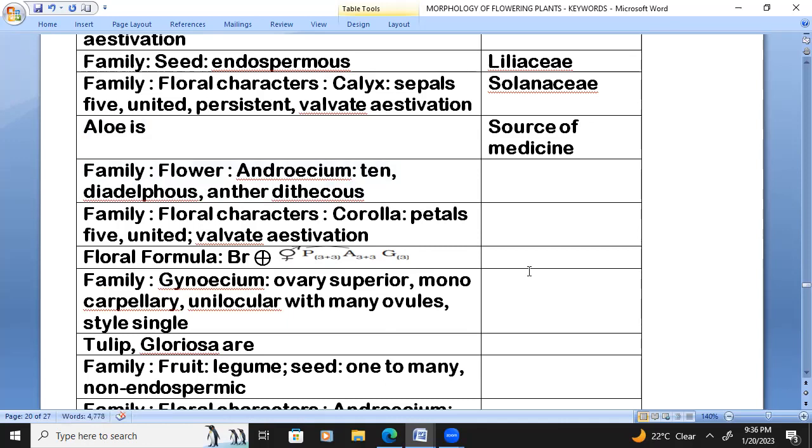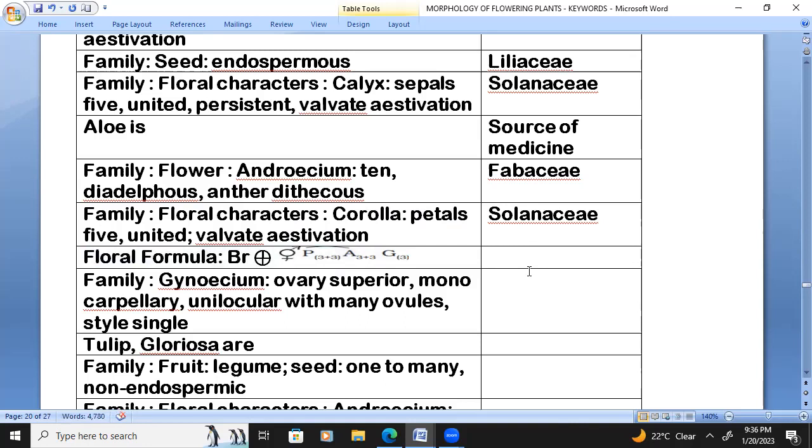Androecium 10, diadelphous, anther dithecous, Fabaceae. Floral characters, corolla petals 5, united, valvate aestivation, Solanaceae.